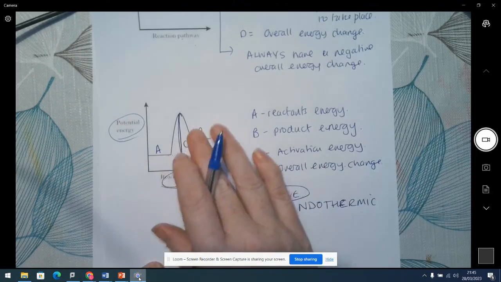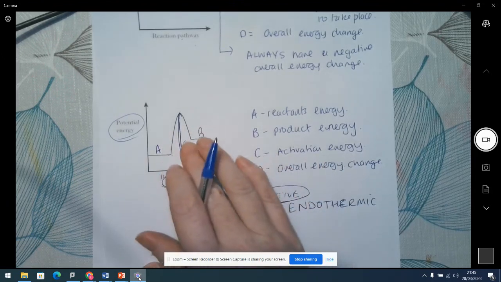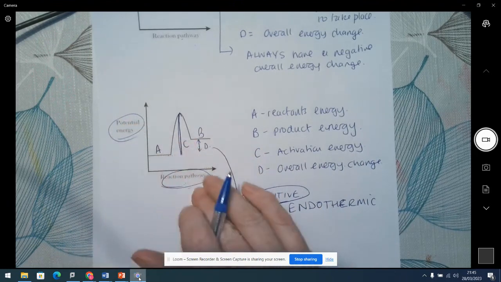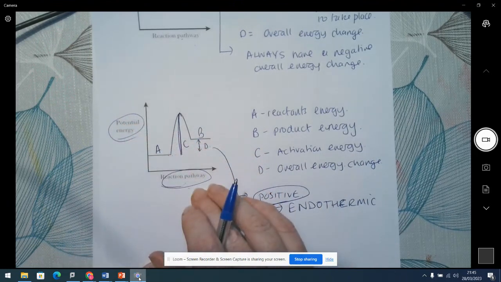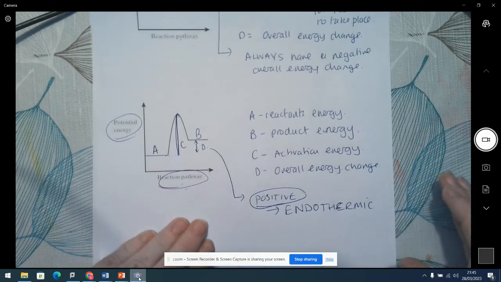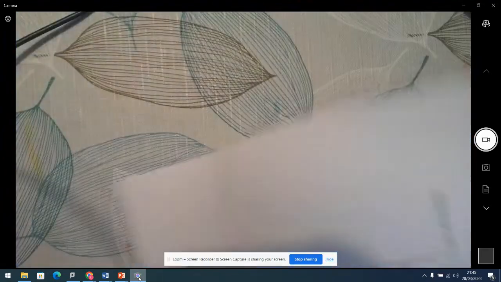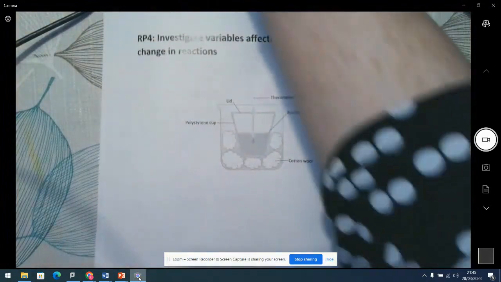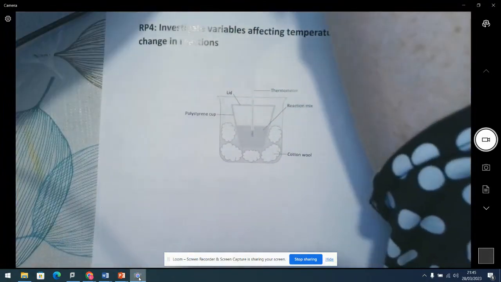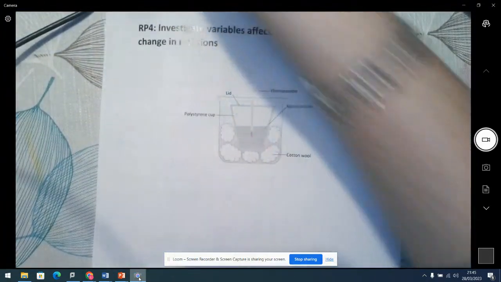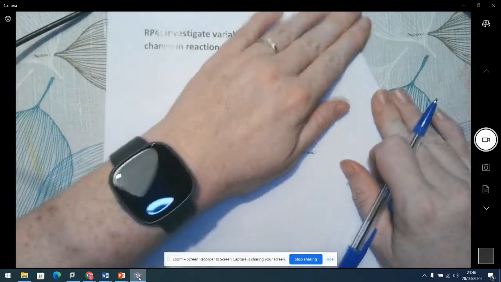Like I said, you need to know what each of the four parts are on the diagram, but you also need to be able to label those diagrams too. Okay. The next thing I want to talk to you about is the required practical, which is one of the assessed practicals that could in fact come up.